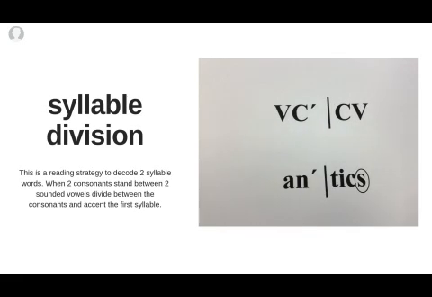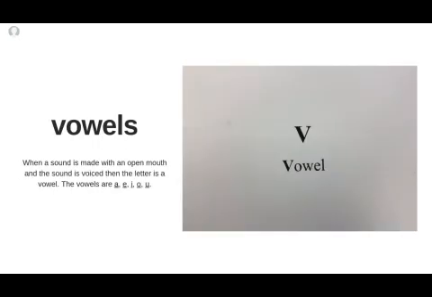Syllable division. This is a reading strategy to decode two-syllable words. When two consonants stand between two sounding vowels, divide between the consonants and accent the first syllable. Vowels. When a sound is made with an open mouth and the sound is voiced, then the letter is a vowel.